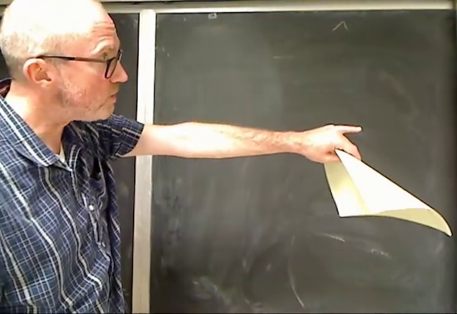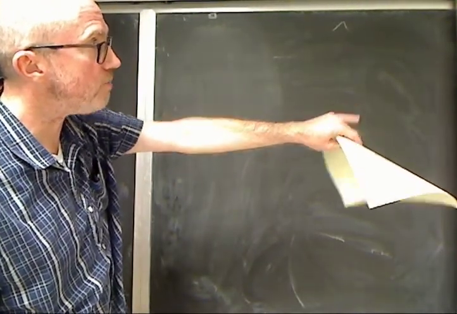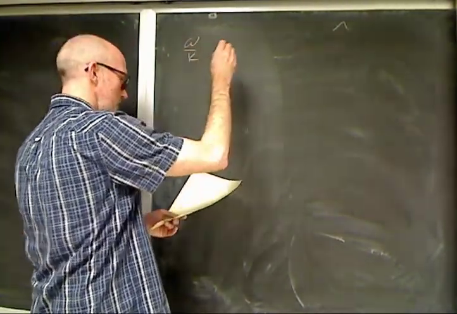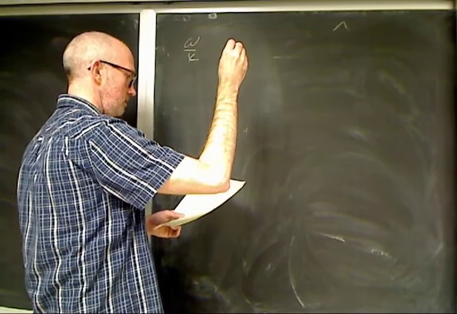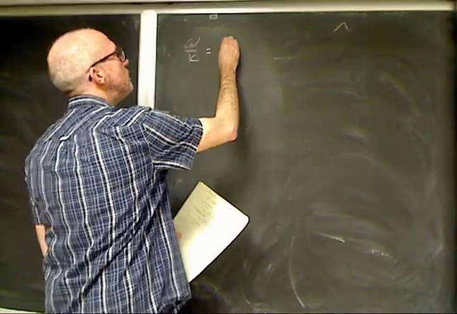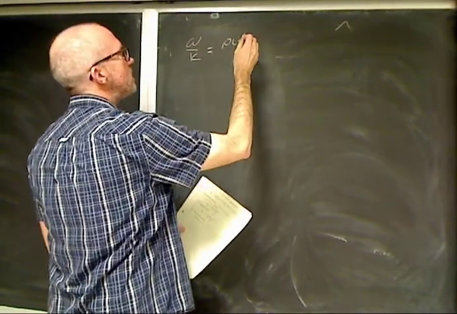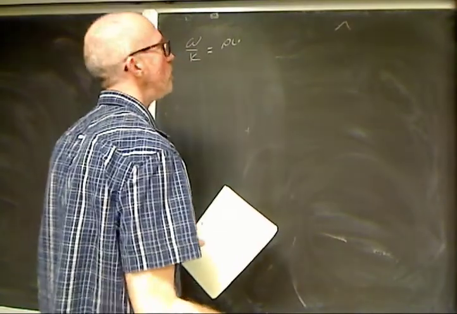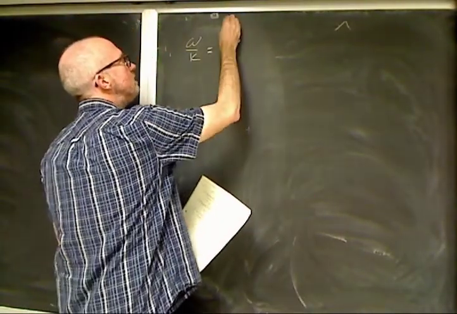So now if we assume that v and v prime are not 0, then we have omega over k equals rho u prime. Let's just say that u is 0, the fluid here in the lower part is 0 for a second.